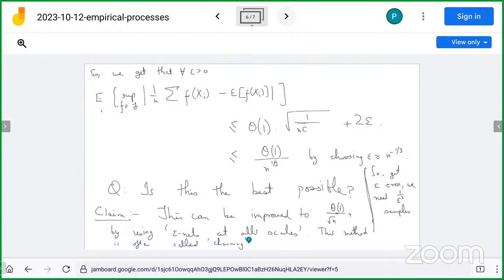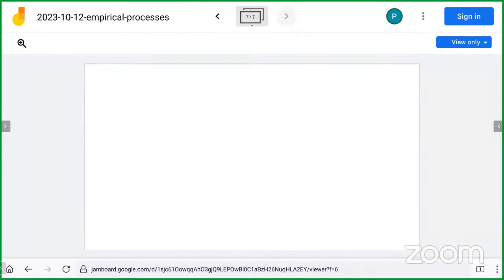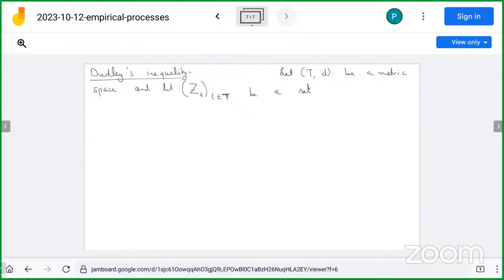What we look at is this special important result, which is called Dudley's inequality. Let T be a metric space, so this is going to be an abstract metric space, and let Z be a set of sub-Gaussian random variables.